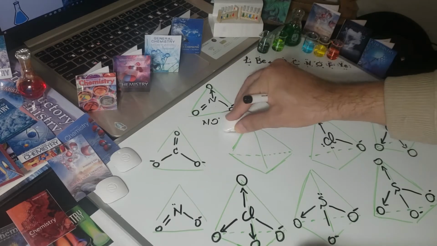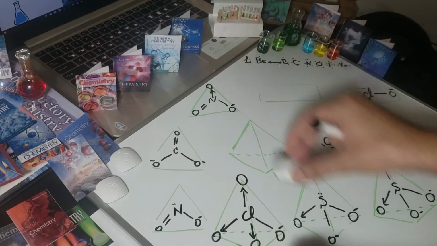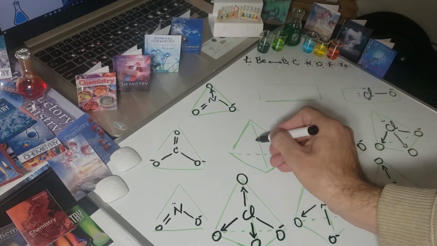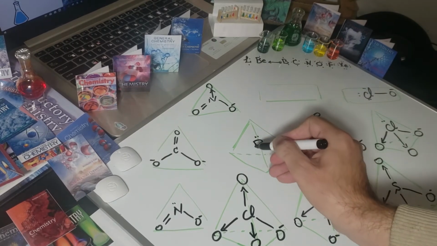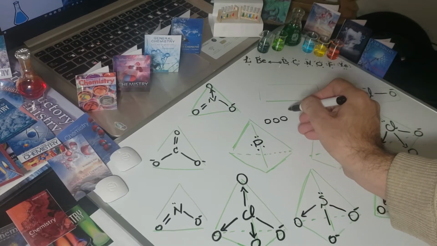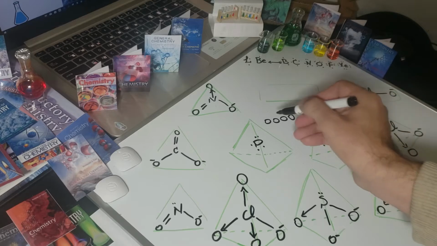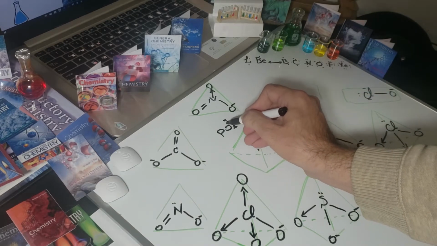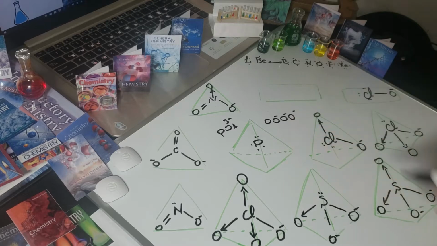I'm going to do yet another structure, the PO4 3 minus. Phosphorus is just like nitrogen, group 5. The formula is PO4 3 minus. It means out of the 4 oxygens that I have, 3 of them are O negatives.